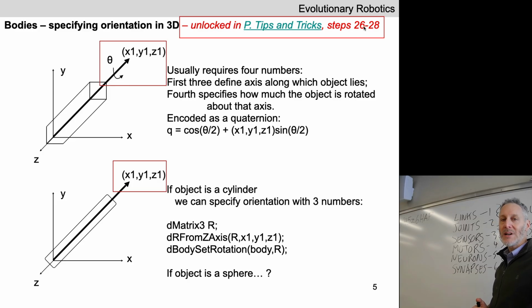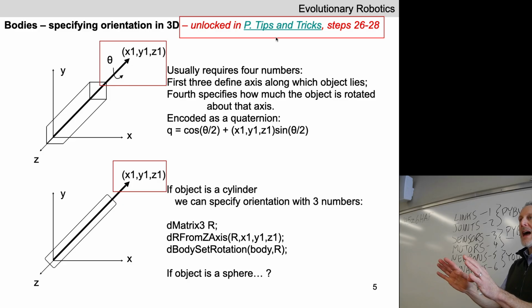And on steps 26, 27, and 28, it'll tell you how to go into PyroSim and uncomment or reveal that piece. And now back in your own code, you can now set the initial position and three-dimensional orientation of the object. So you'll see as you continue on in the course, we've hidden a lot of stuff from you, but as we go, we'll give you pointers about how you can go in and reveal things if you want. For now, it's completely optional.